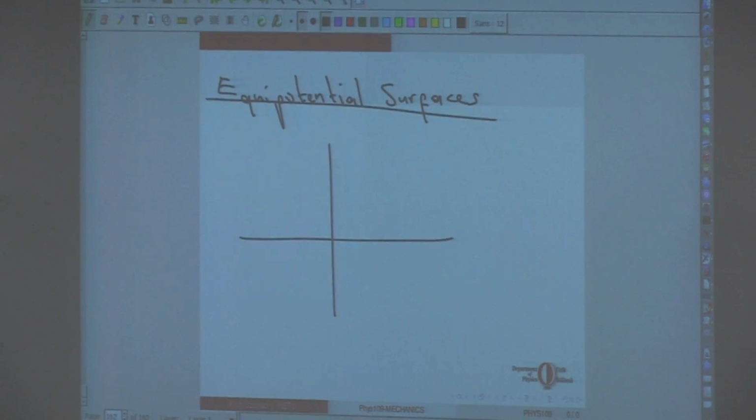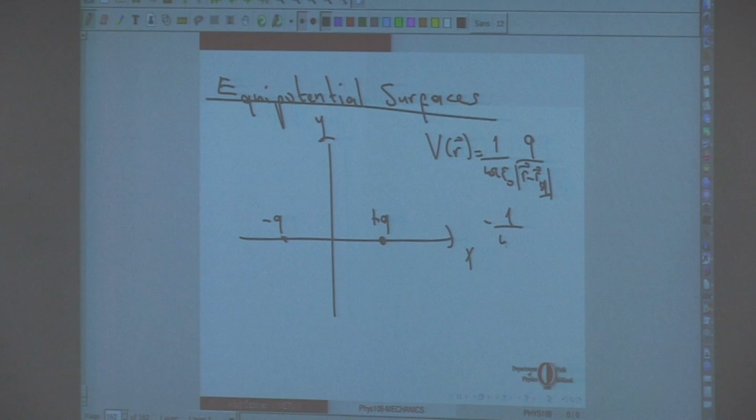So let's say this is X, this is Y. You have one charge over here, let's say plus Q, another charge over here which will have minus Q. And we already know how the potential will look like. V at the point R will be 1 over 4 pi epsilon 0, Q over |R minus R1|, minus 1 over 4 pi epsilon 0, Q over |R minus R2|, where this is at the point, let's say, R1, and this is at the point R2.